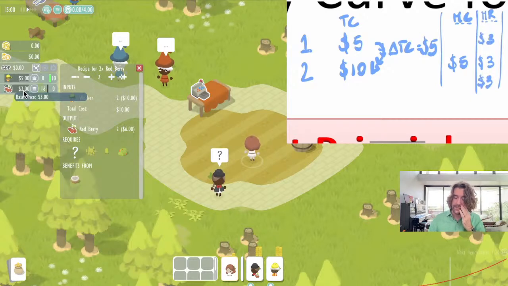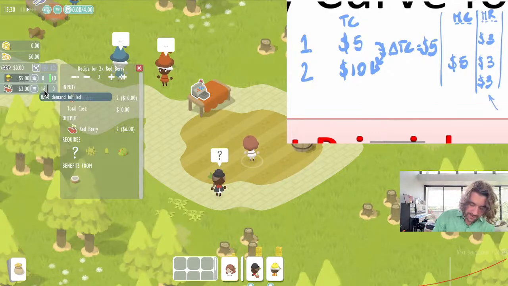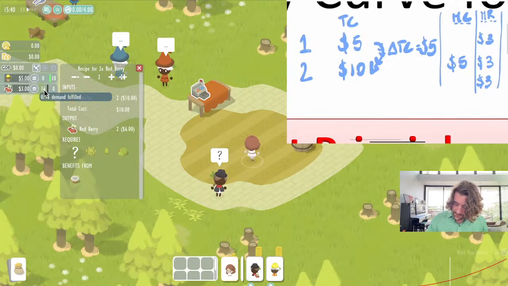And there is a lot of demand, as you can see, 16 units. So at the moment, there is plenty of demand. No need to worry about limited demand. Each sale that you make brings in $3. So the marginal revenue is $3 for any additional units that you're selling.